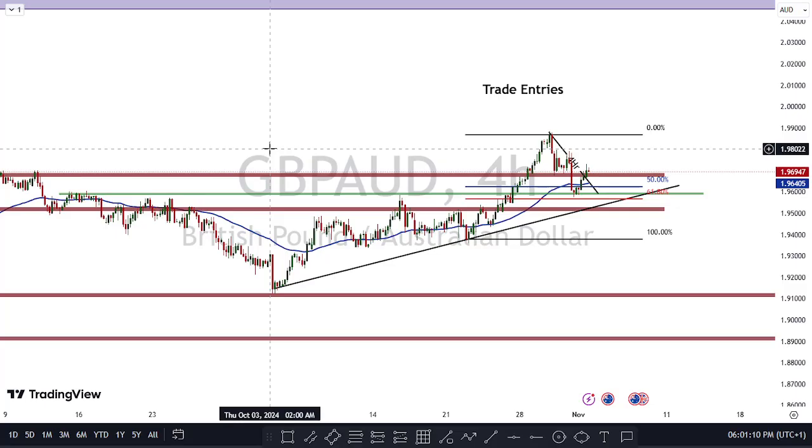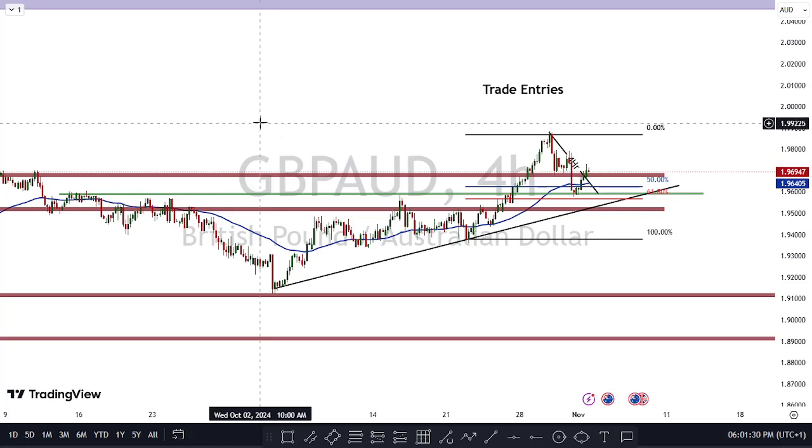It's foolish to go buying just because you're seeing GBP/AUD is a buy. Now we have what we call trade entries, when to enter a trade. I've explained it in my previous video, you can go and watch it for more on exactly what I'm going to say now.